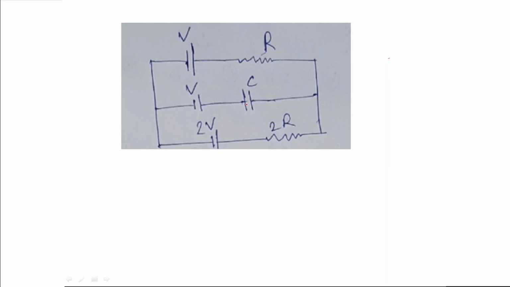In a DC circuit, if you wait for some time, this capacitor will be fully charged, and after some time it will not allow any current through it. So current will be zero through this. So obviously we have to use Kirchhoff's law, KVL or KCL.